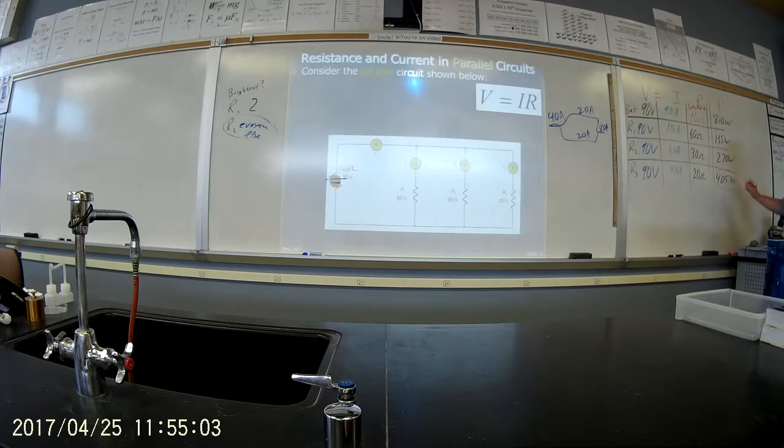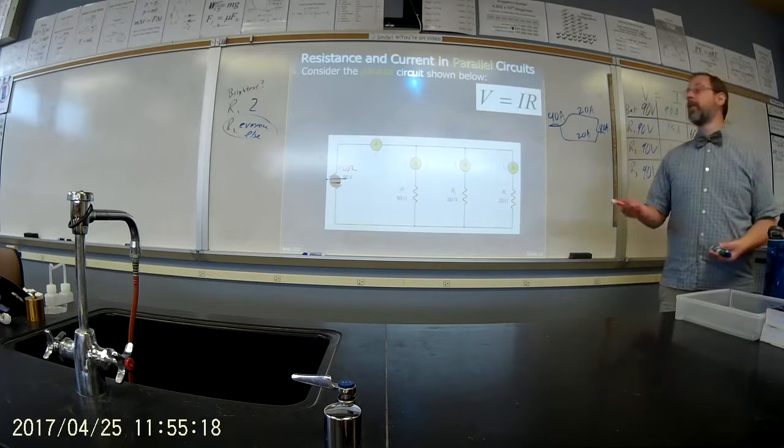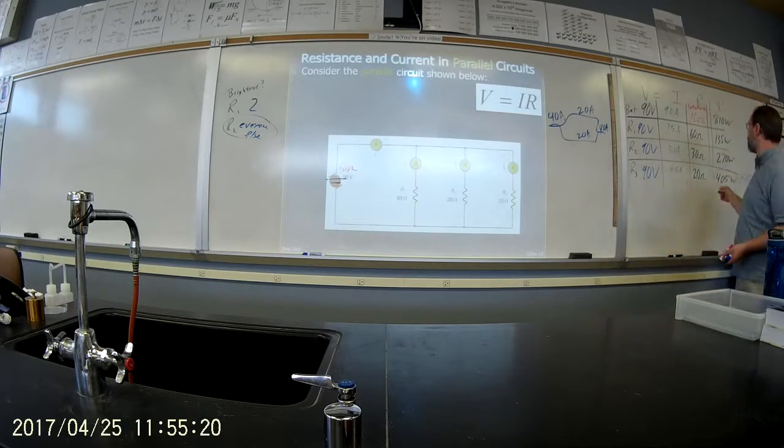Every second, R3 pumps out 405 joules of energy. And R3 is actually the lowest resistance. In the previous series circuit, it was the element that had the highest resistance that was the brightest. Here it is the element that has the lowest resistance that's the brightest. How weird. Why? Math. Exactly, math.